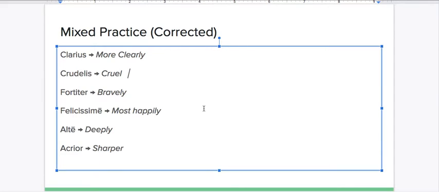Fortiter, the iter gives it away as just a regular adverb. Bravely, strongly. Felicissime, that e with a macron gives it away as an adverb. The issime gives it away as a superlative adverb. So most happily. Alte, deeply, right?